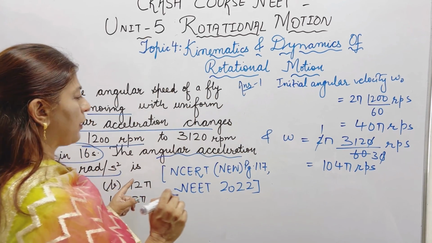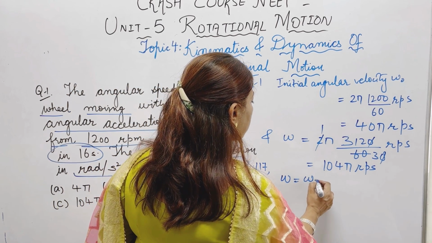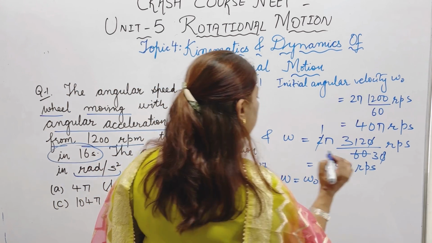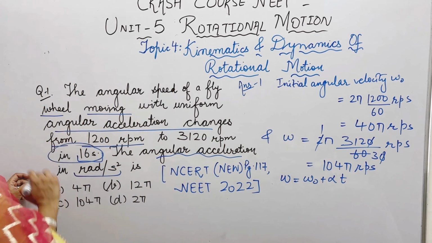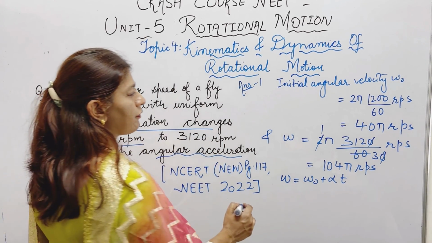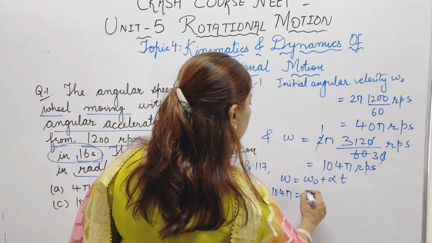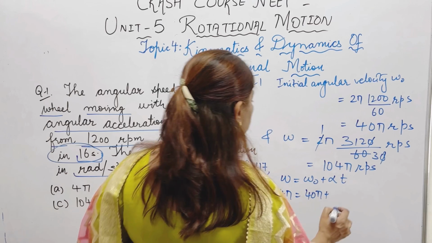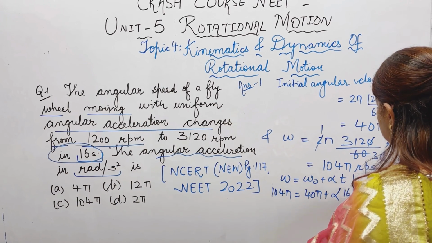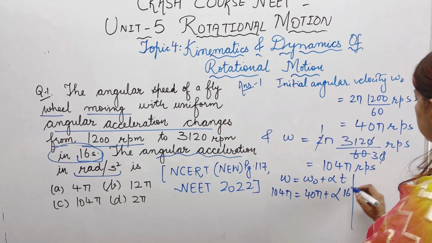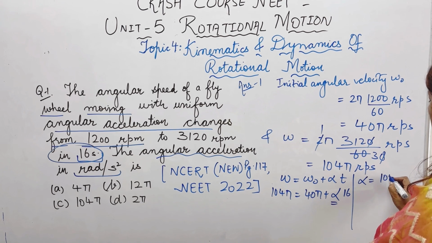Now to find out the angular acceleration, we will apply the formula omega is equal to omega naught plus alpha t, and here time is given to us as 16 seconds. So let us put the values. 104 pi is equal to 40 pi plus alpha into 16, and this alpha is the angular acceleration that we are going to calculate.